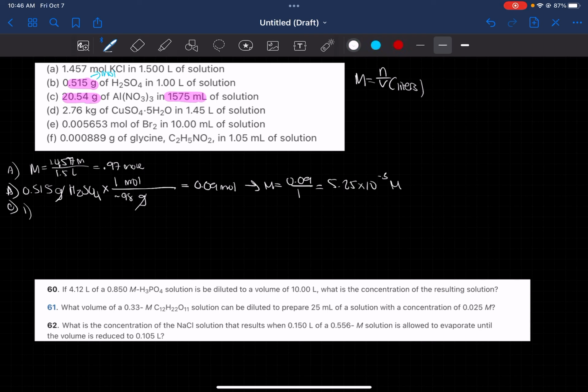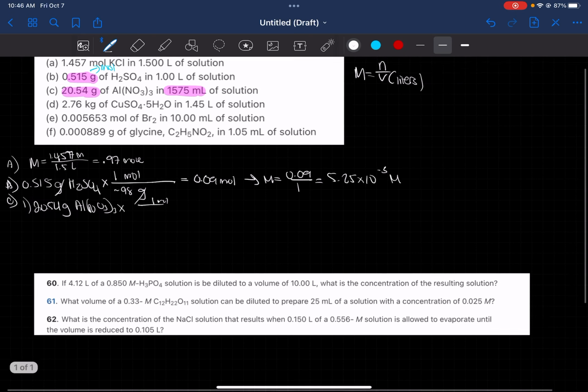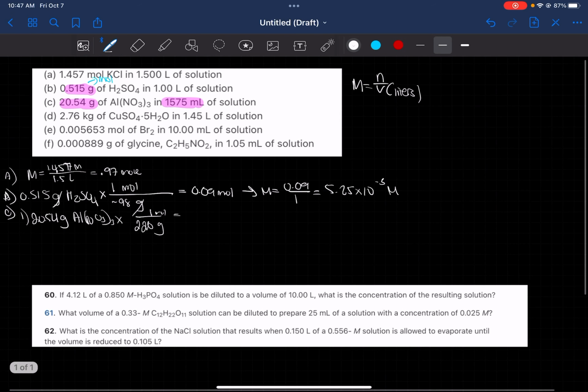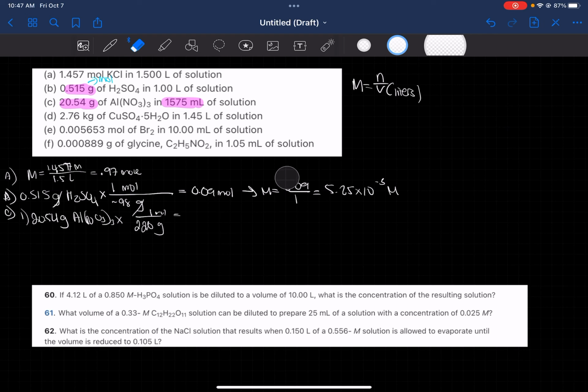C, turn this into mole and turn this into liters. So the first step is 20.54 grams of aluminum nitrite times 1 mole over the weight, which is about 220, which equals approximately, oh, okay, sorry. This one is wrong. This one actually equals 5.25 times 10 to the negative 3.